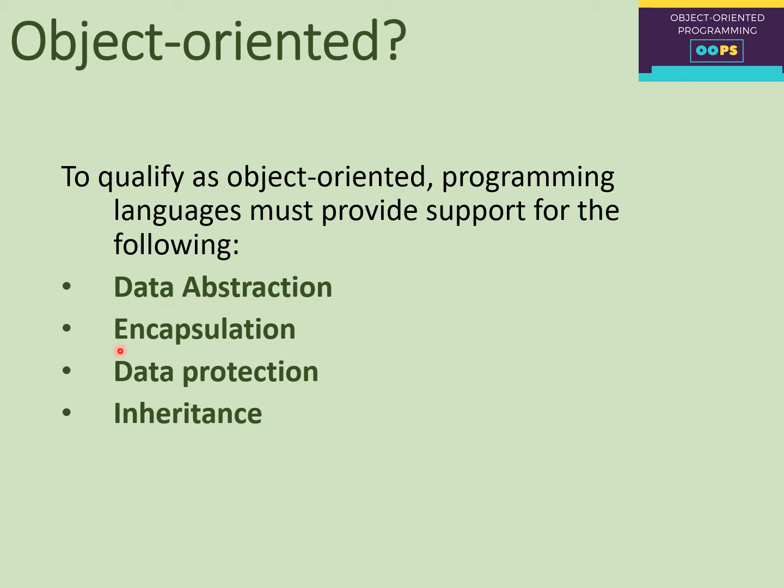The next concept is encapsulation. Encapsulation means the wrapping up of data and functions together into a single unit. Here the data as well as functions are bound together, encapsulated in the format of a capsule, and that can be implemented in the form of classes.